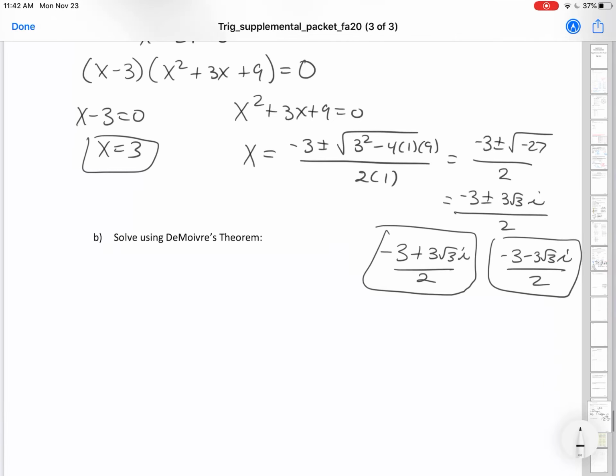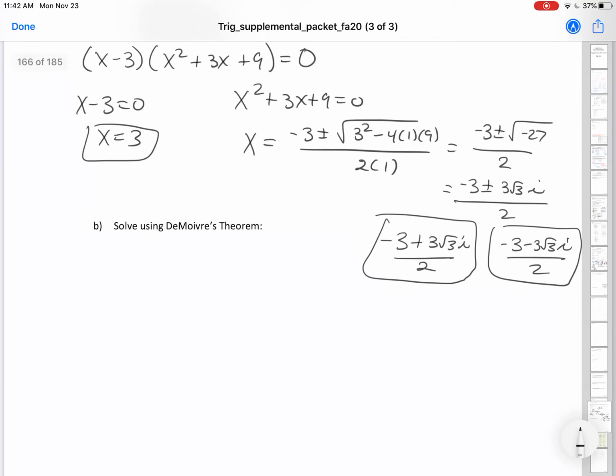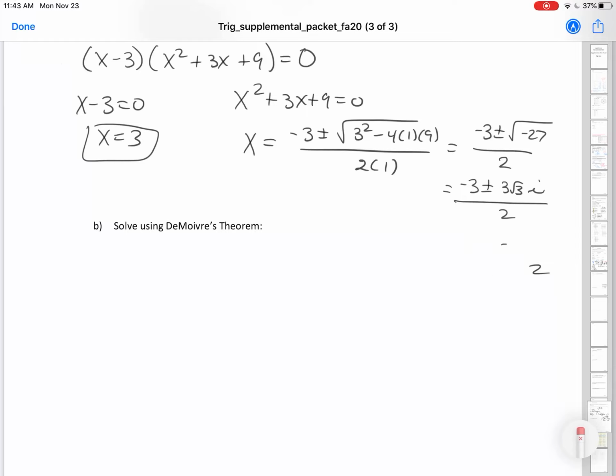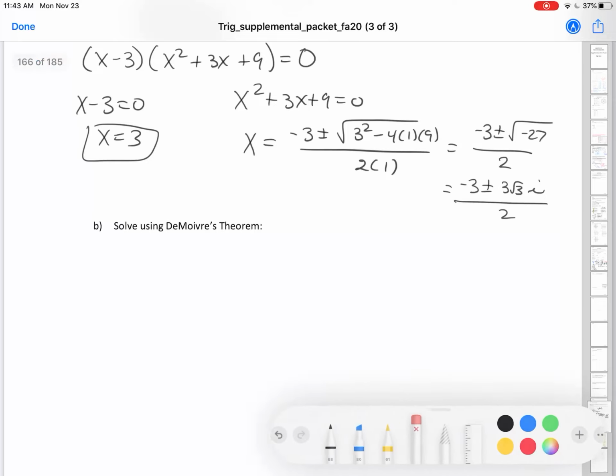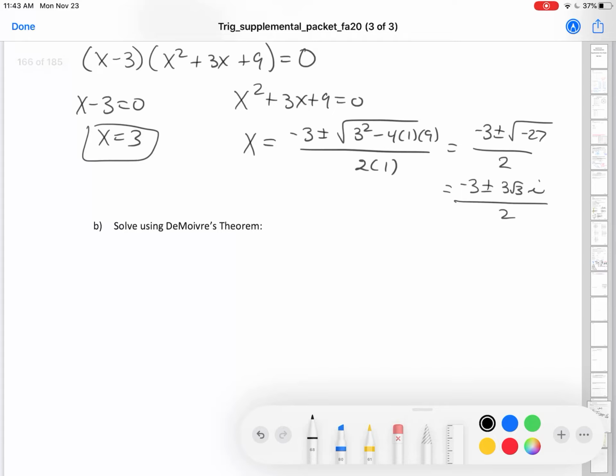Okay, solving using de Moivre's theorem. I'll do some writing here to help you follow along. They've got a big blank space down here, so I think we'll be okay. Okay, so here's what we do. And it's very interesting. They'll model the same thing in the back.